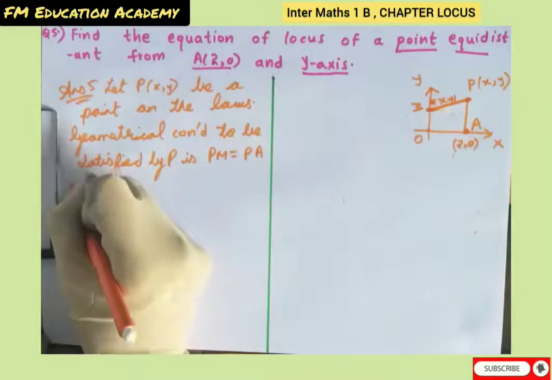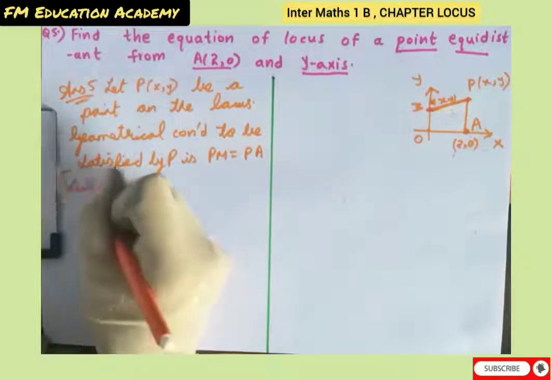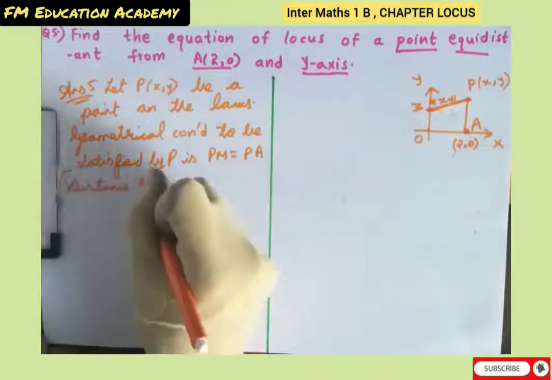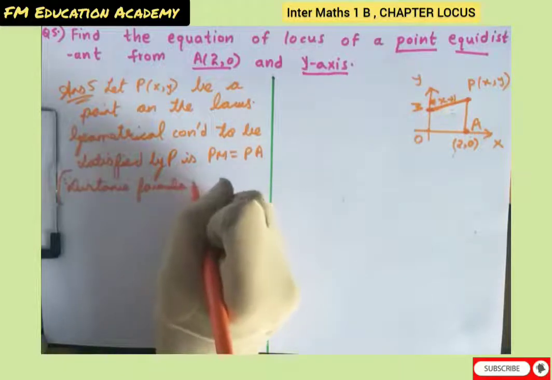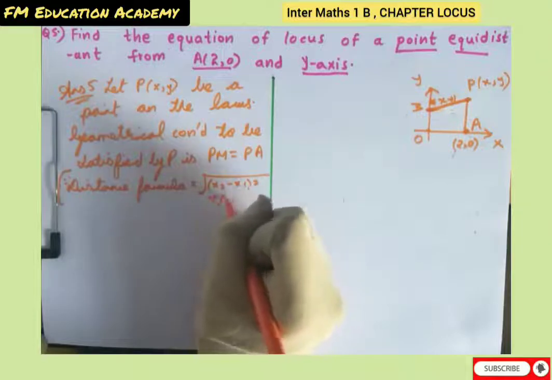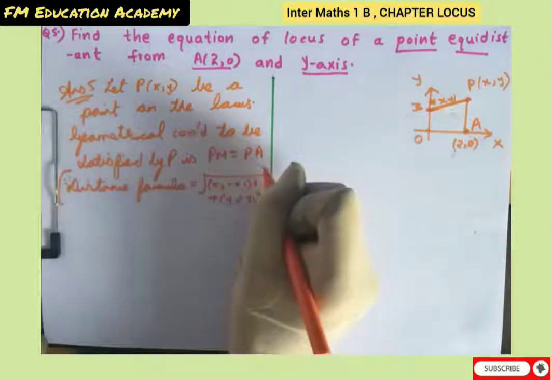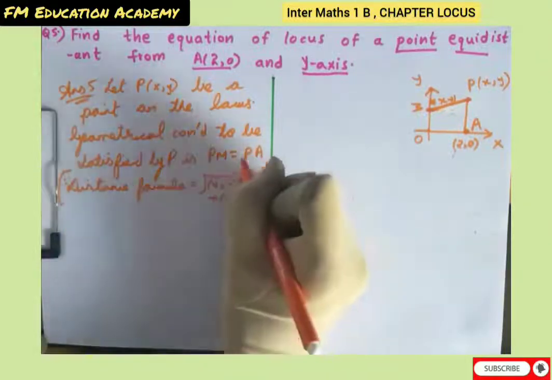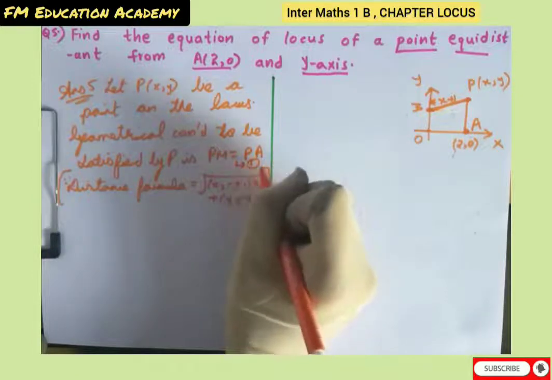So again, which formula do we have to use here? Distance formula. So write the formula in brackets. What is the distance formula? Root of (x2 minus x1) whole square plus (y2 minus y1) whole square. Close the bracket. So this is our equation 1, PM is equal to PA.